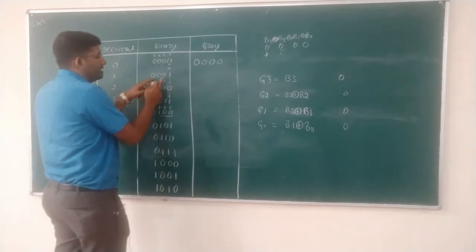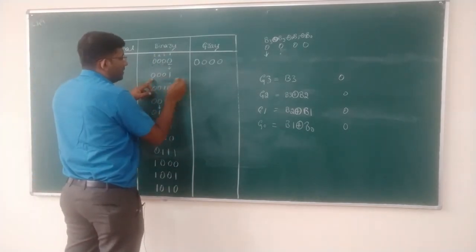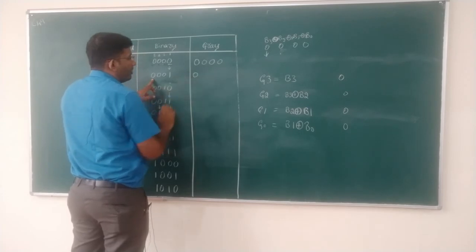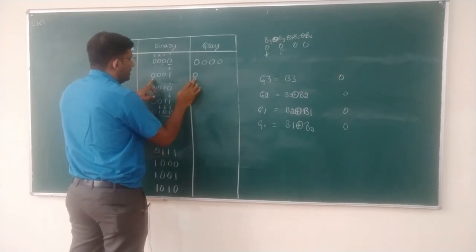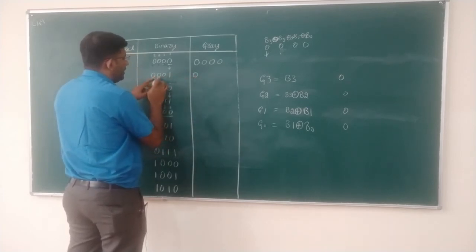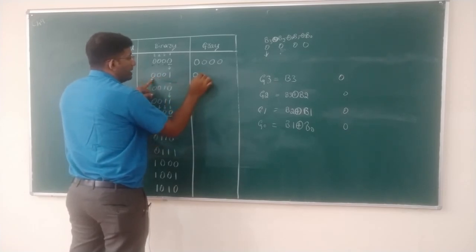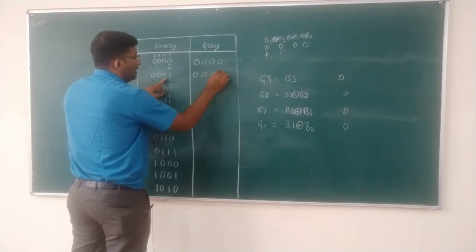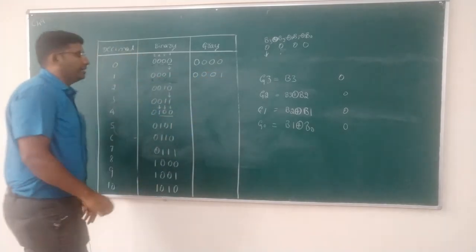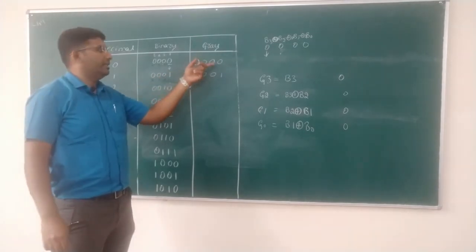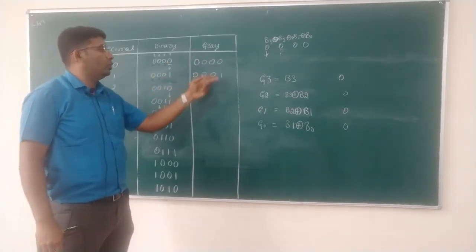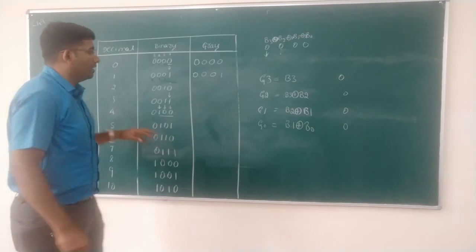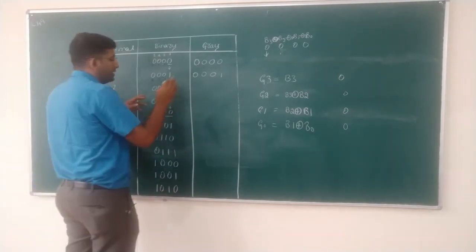Next consider this one. G3 is the same as B3. Now you have to add these two numbers, B3 plus B2, 0 plus 0, 0, 0 plus 0, 0, 0 plus 1, 1. Once again, both are identical. In this, we are not changing any two bits at a time. Only a single bit is changing, so no changes.